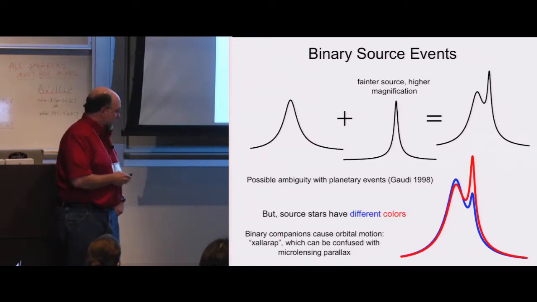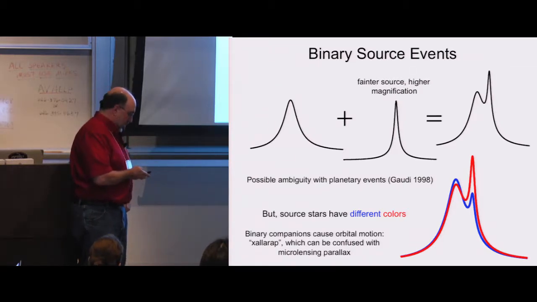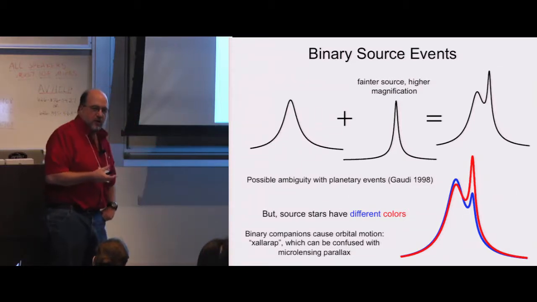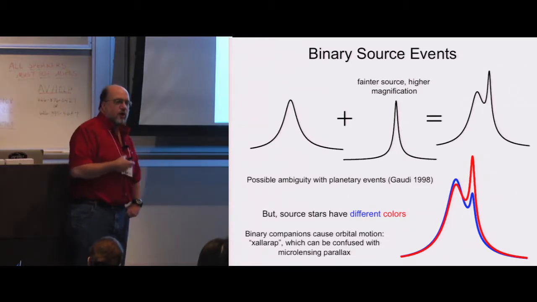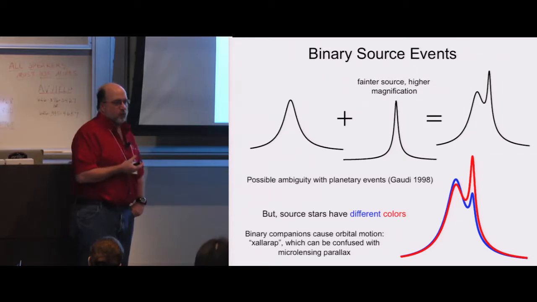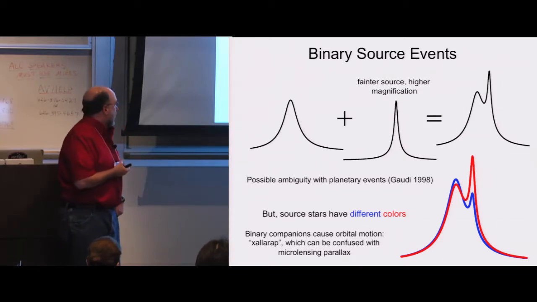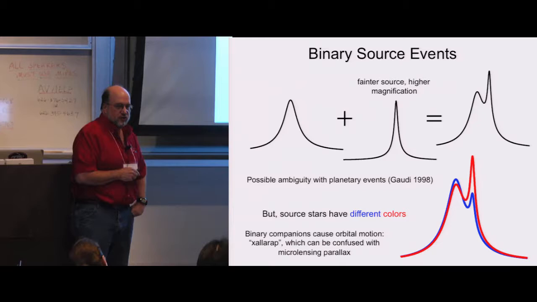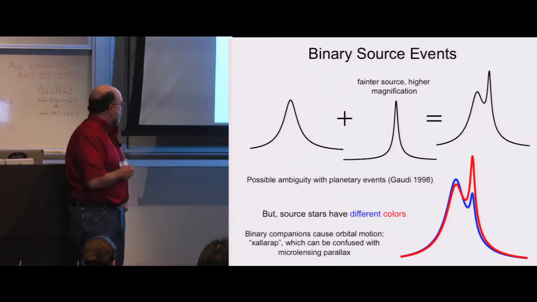And then also there is another effect where you don't actually need to see light from the companion to the source. You can see the effect of the orbital motion of the source, and that can occasionally give you a light curve that you can confuse with a planetary signal.